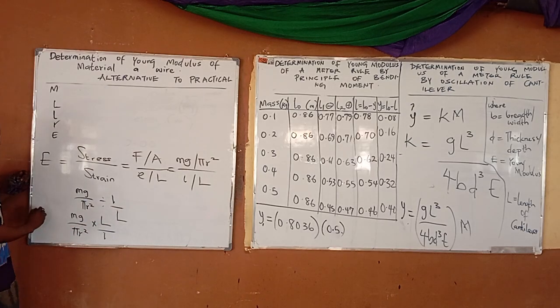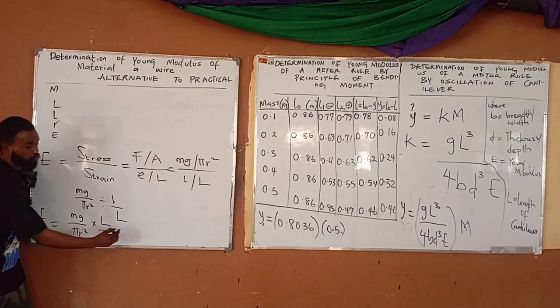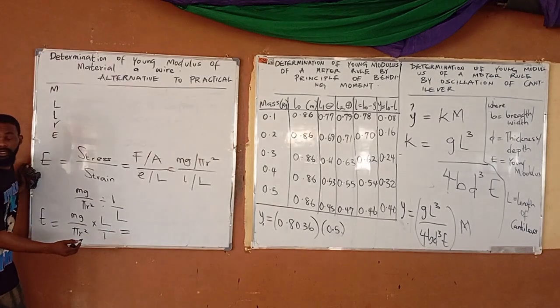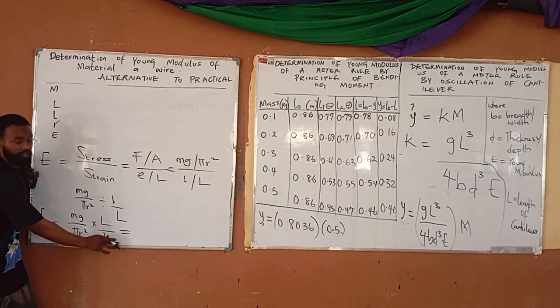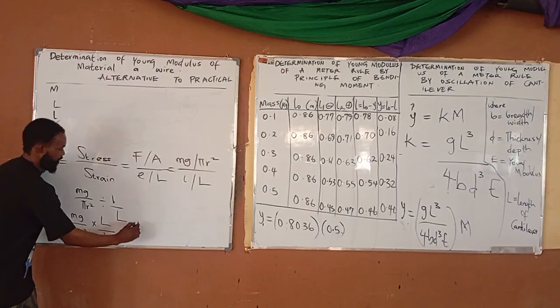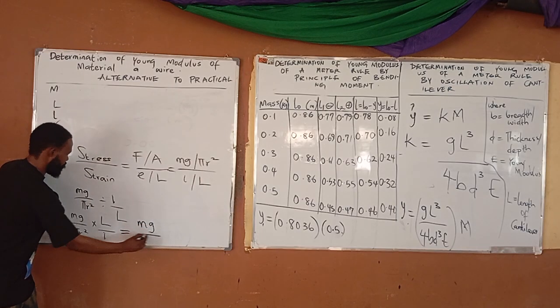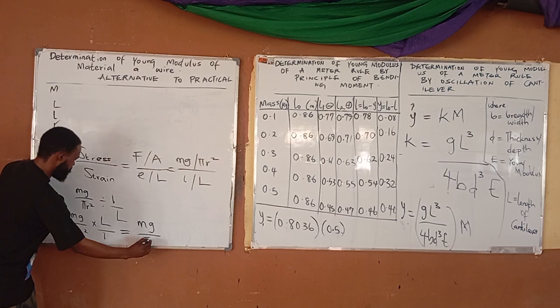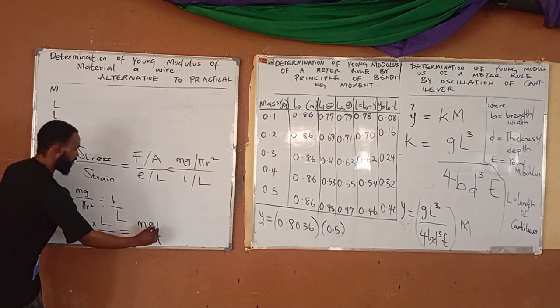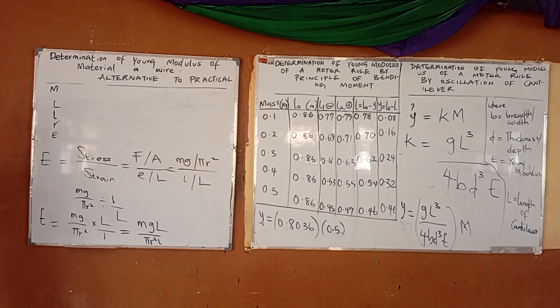So that gives mg L all over pi r squared l.